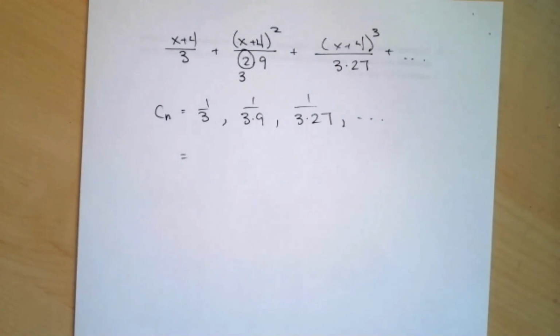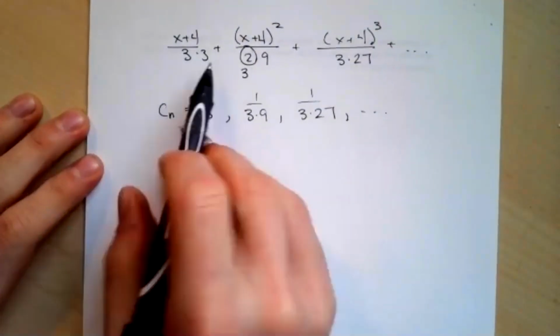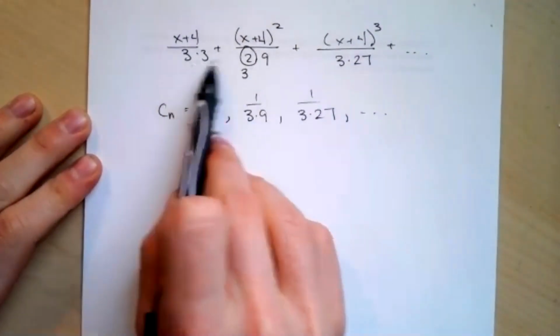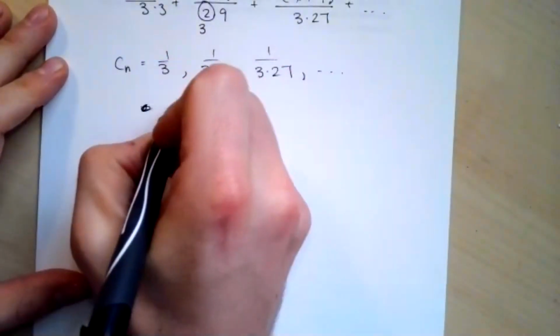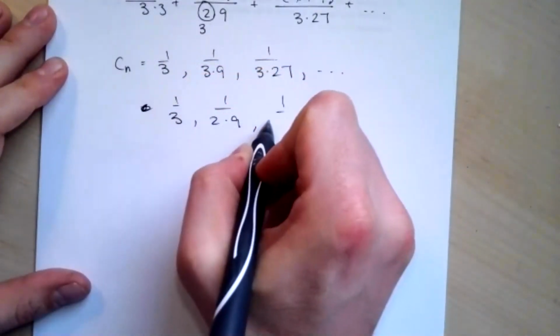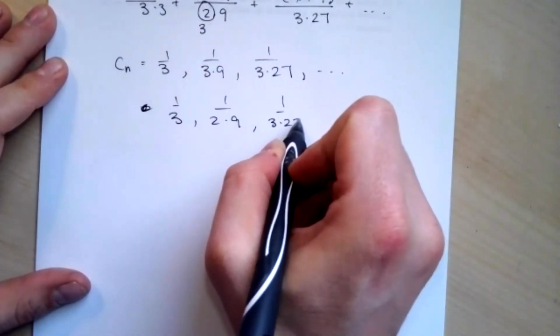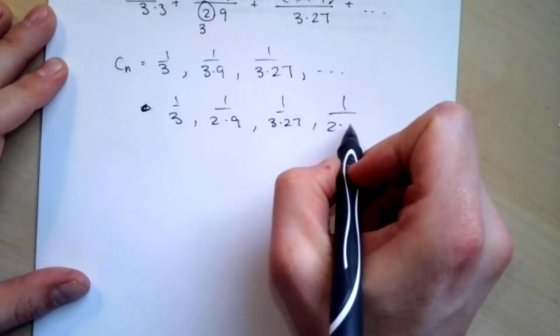It still isn't right, unless there's another term. Yeah, this doesn't work. I'm not sure if that should be a 3 or if there should be a 3 here as well. Because then you have 3, 9, 27, and then these individual 3s, or perhaps the sequence is 1, 3, 1 over 2 times 9, 1 over 3 times 27. I don't know if it would go back to a 2 times 81.